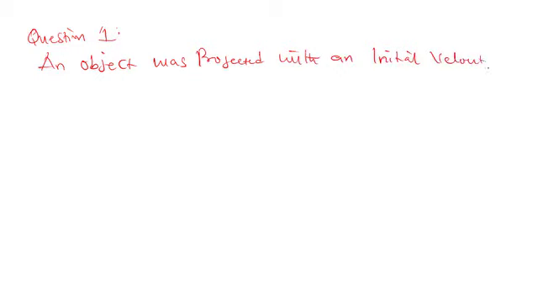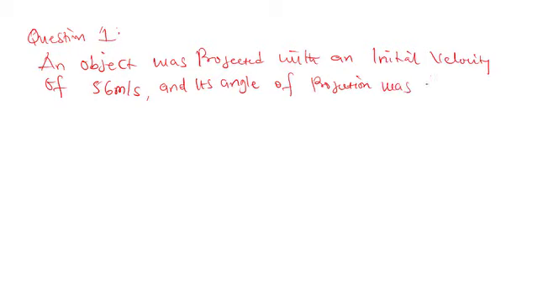An object, a particle, was projected with an initial velocity of 56 meters per second and its angle of projection was 60 degrees.